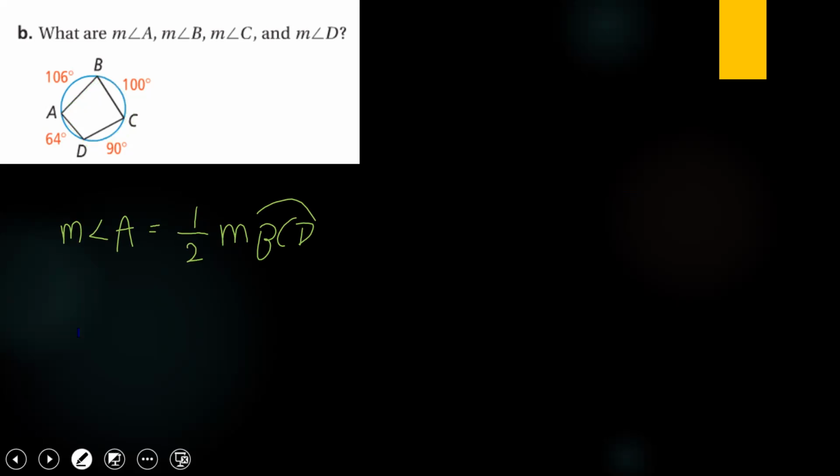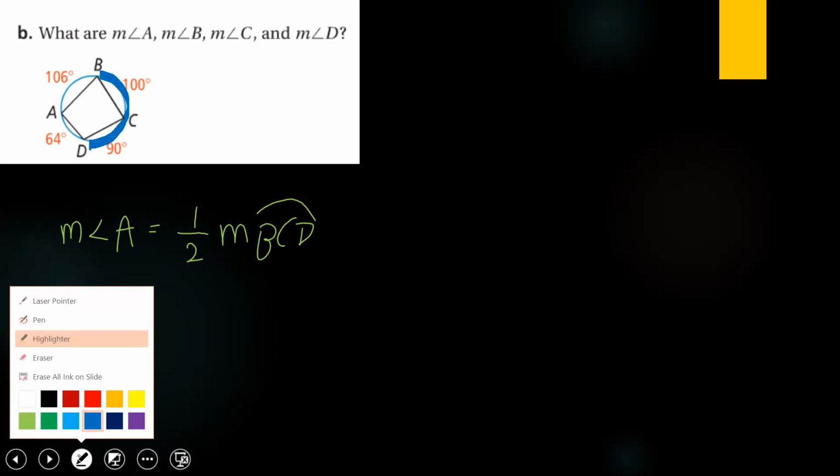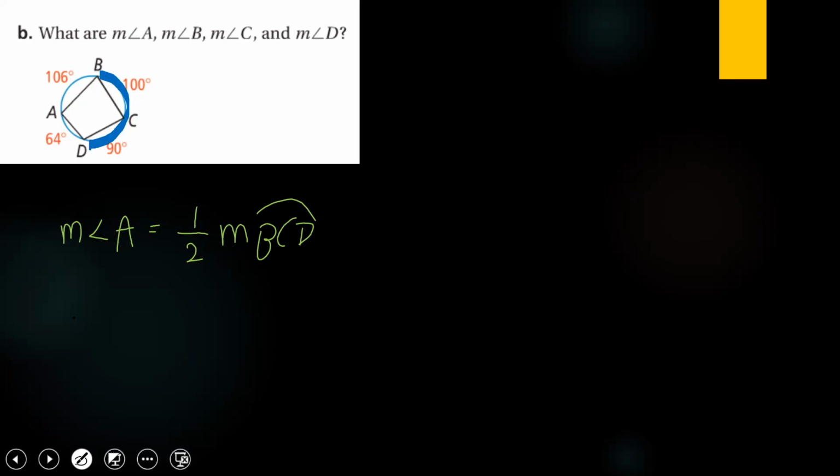This arc BCD is the intercepted arc of angle A. What is the measure of BCD? 100 plus 90, 190. Half of 190 is 95, so the measure of angle A is 95 degrees.